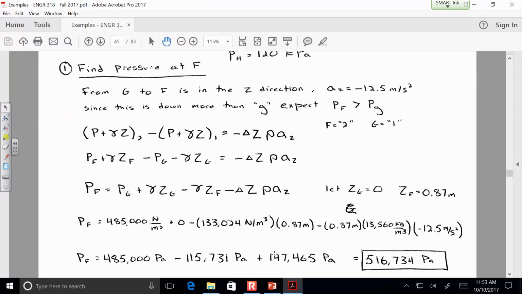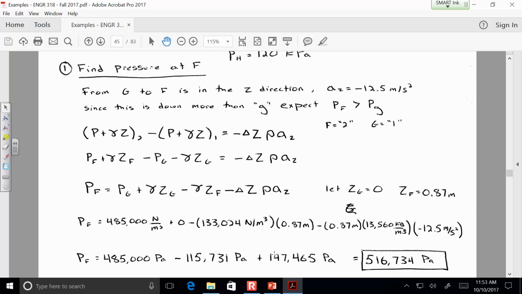And this is Euler's equation already accounting for gravity and the fact that location F is higher. So there's the minus 115, and then plus 147 is because it's accelerating downward.